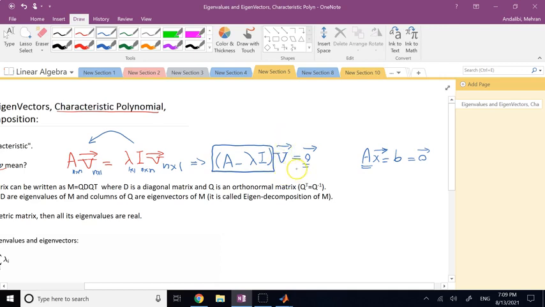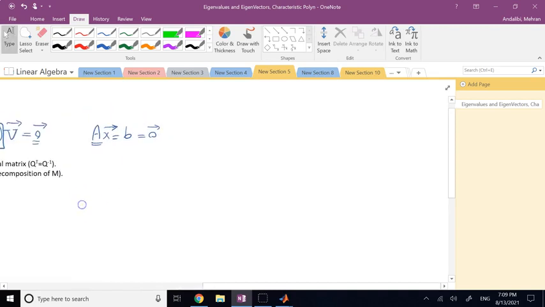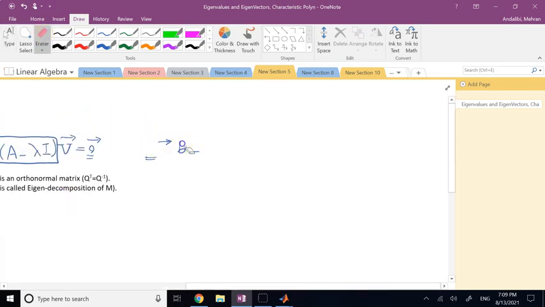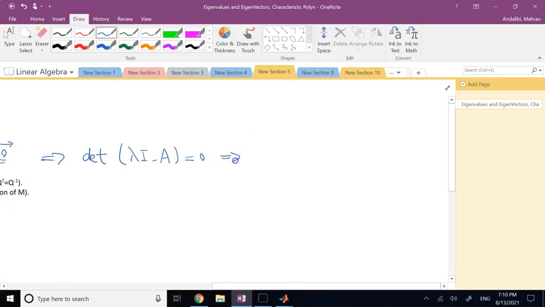So the first condition is, if I want to find any solution for the eigenvector, the determinant of this guy, A minus lambda I, has to be equal to 0. And when we set that equal to 0, it gives us a polynomial. I'll show you. So when we say the determinant of lambda I minus A is equal to 0, the result of that is going to be a polynomial.